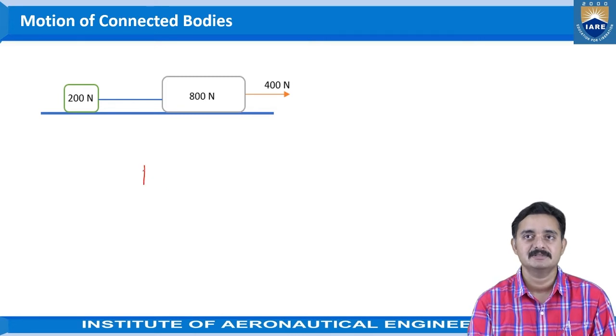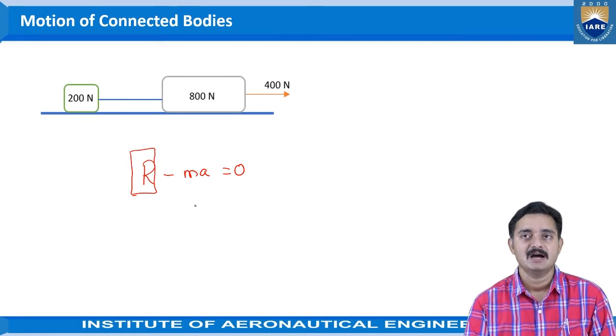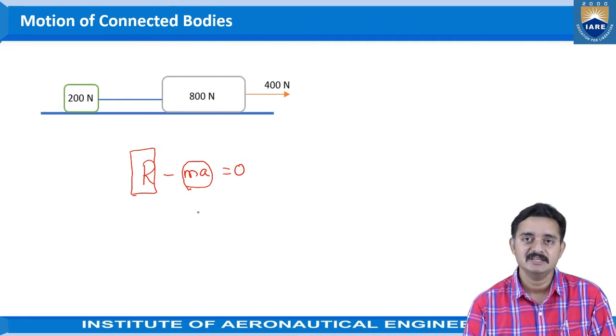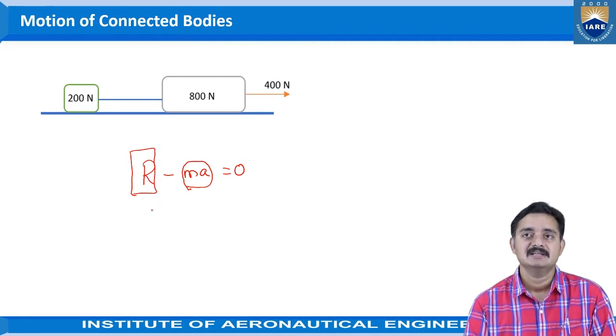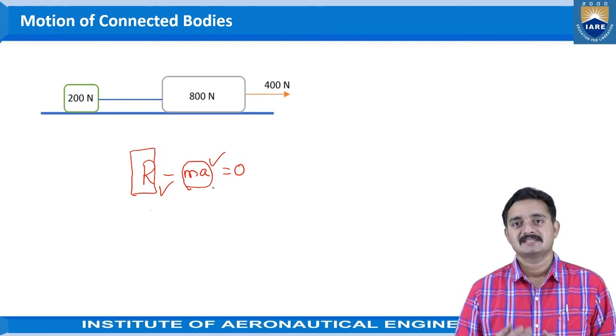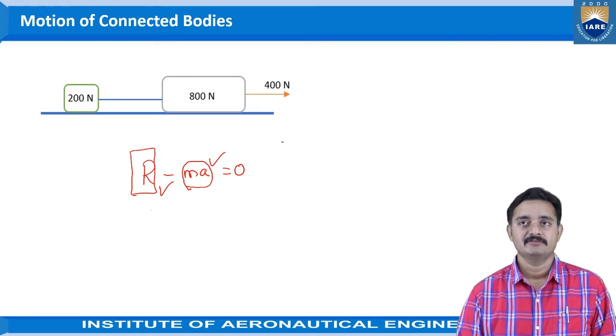The D'Alembert's principle statement is given as R minus MA is equal to 0, which means that the forces involved in the system are equated with the inertia force of the system. So the resultant and the inertia force, that is MA, will be summated to give the result of 0.